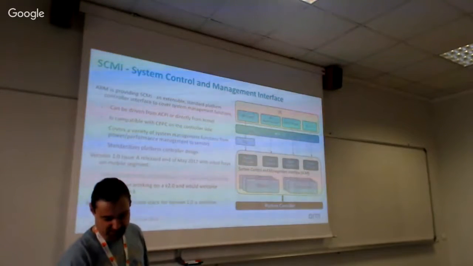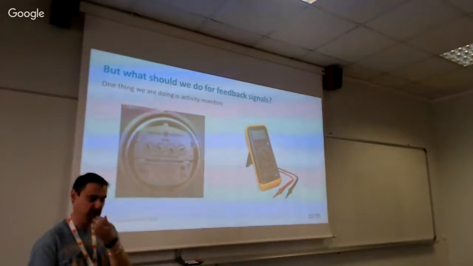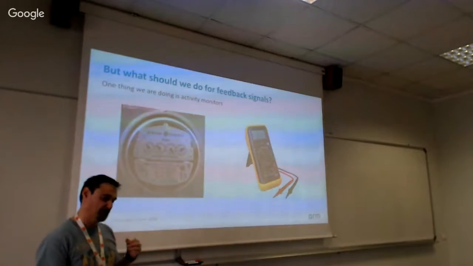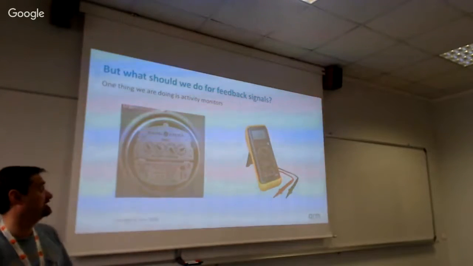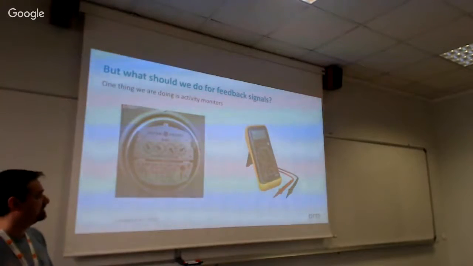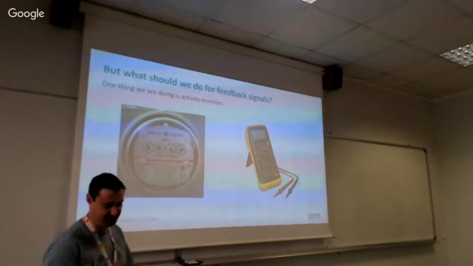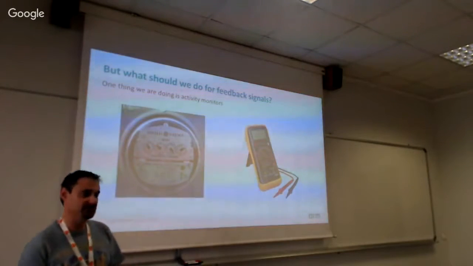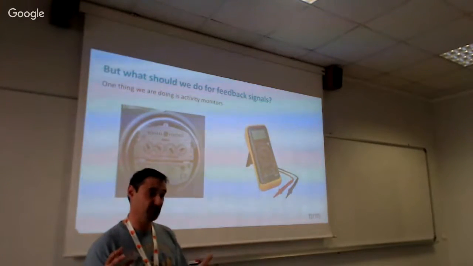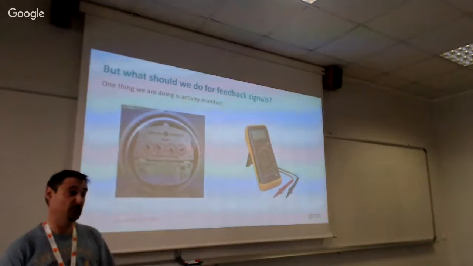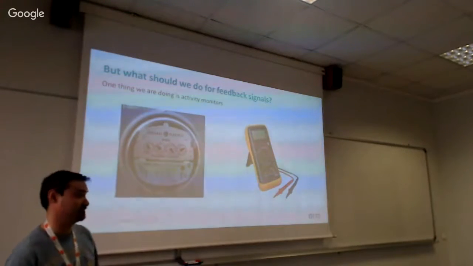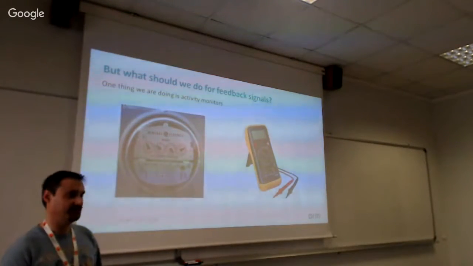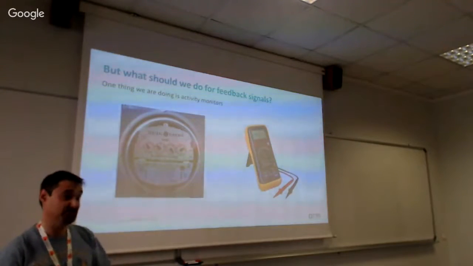But then when we go back to feedback signals, one of the things we have been doing in the architecture is providing activity monitors. This slide is from the debug architecture, and I like it because, as we talked about earlier, you can use performance monitors as one way of figuring out how many instructions you're retiring, and use that as your signal for utilization.